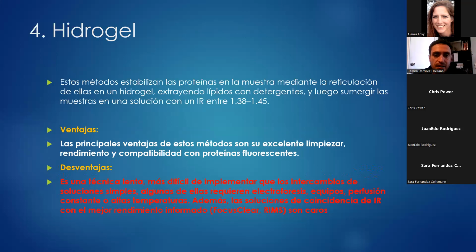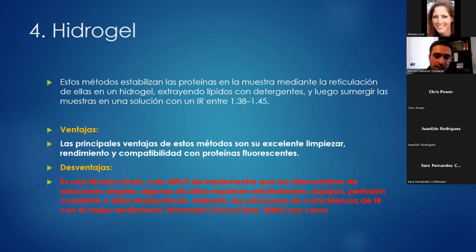Se extraen los líquidos con detergente y luego se sumergen en una solución con un índice de refracción de entre 1,38 y 1,45. Estas soluciones pueden ser muy variadas y de bajo o de alto costo, dependiendo de la técnica que se utilice. También se divide este tipo de técnica en un sinnúmero de opciones.